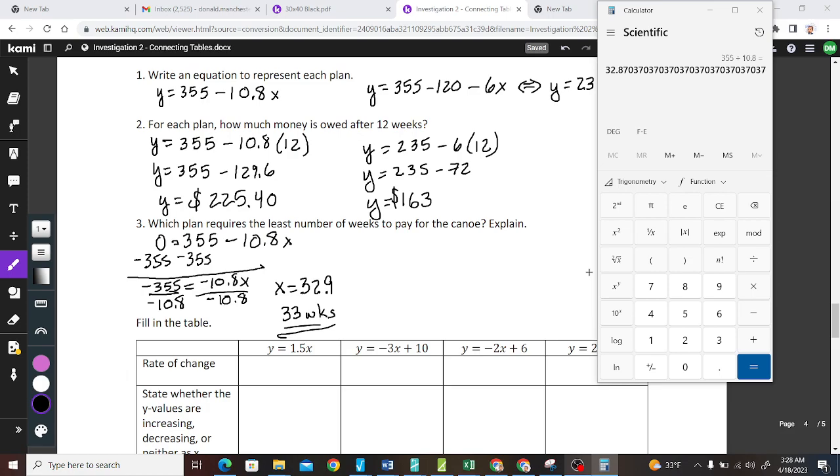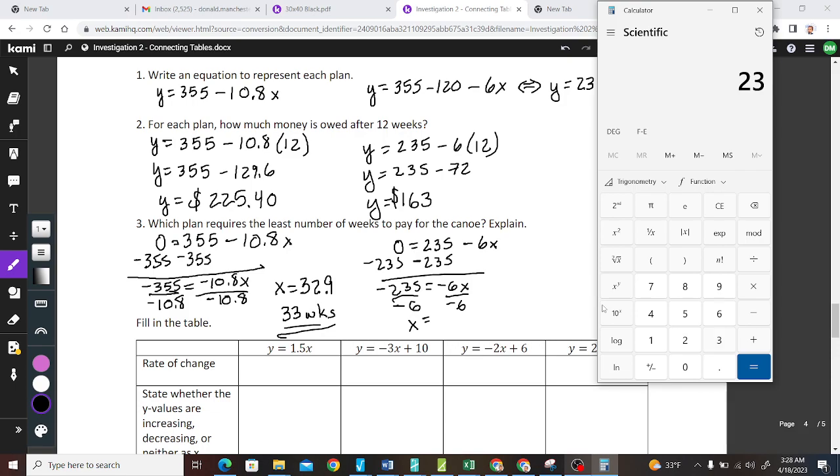Now let's take a look at the next one. We go 0 equals 235 minus 6x. Subtract 235 from both sides. Divide both sides by negative 6. X equals 235 divided by 6.